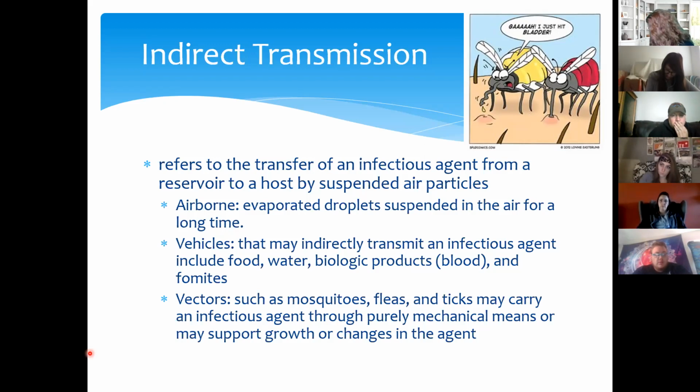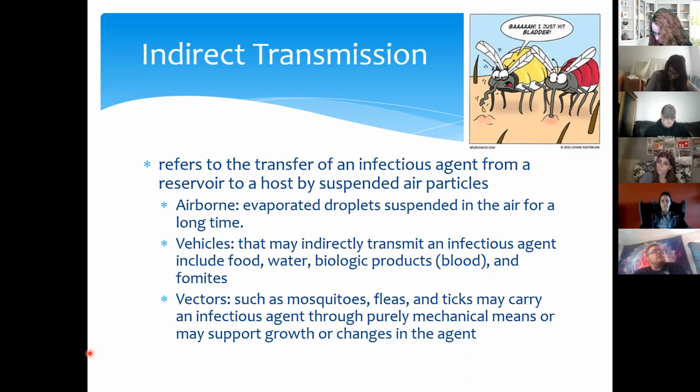Vehicles, so food, water, biological products like blood, so a blood transfusion, and fomites, which are going to be something that is considered like a carrier of a disease. And then we have vectors, so mosquitoes, fleas, ticks, worms may also carry an infectious agent.